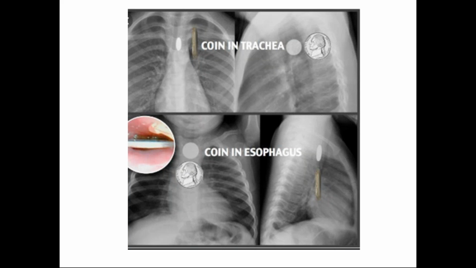On the lateral radiograph, we can see its end face as a rounded structure. As such, we can confirm that it is in the trachea.